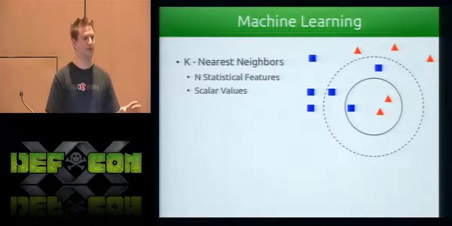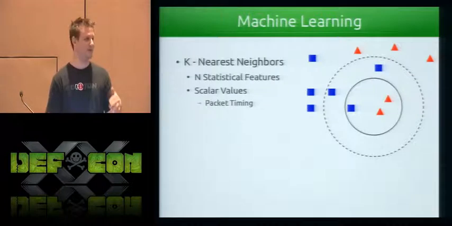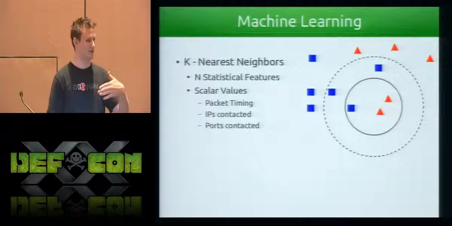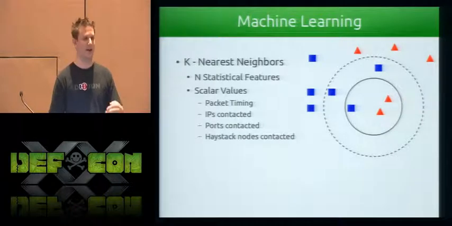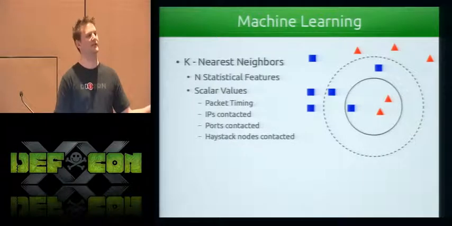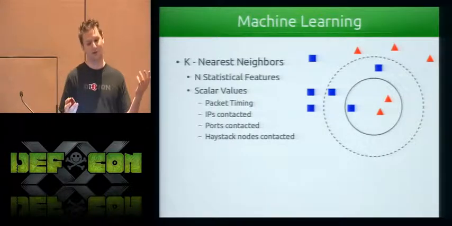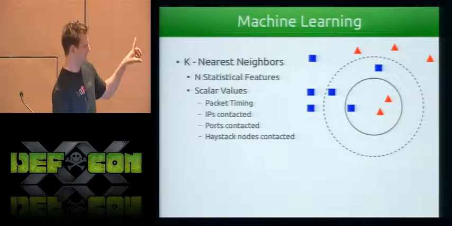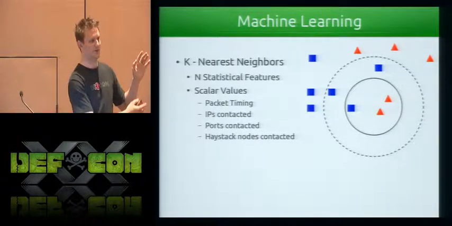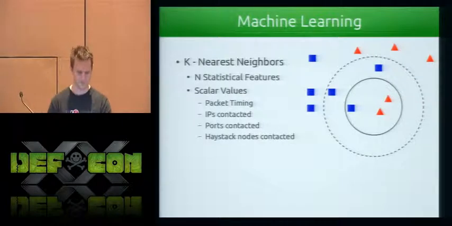Every node on your network is a suspect, and you measure statistics for them, like packet timing, IPs contacted, how many unique ports they have contacted, and what percentage of the haystack, which is the fake nodes we have, they have contacted. Is it 100%? Is it 0%? Then you graph these, since they're all scalar values, on an n-dimensional graph. Here is shown a 2-dimensional graph for budget cut reasons.